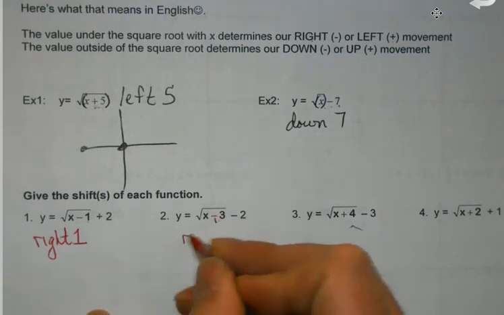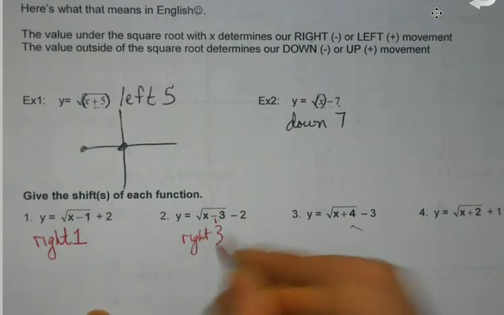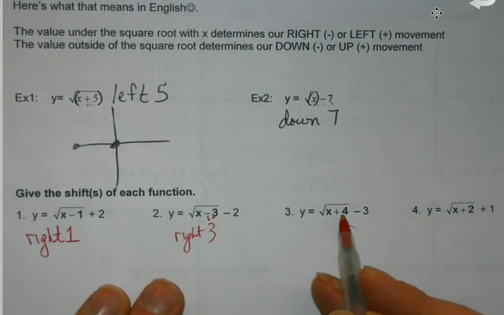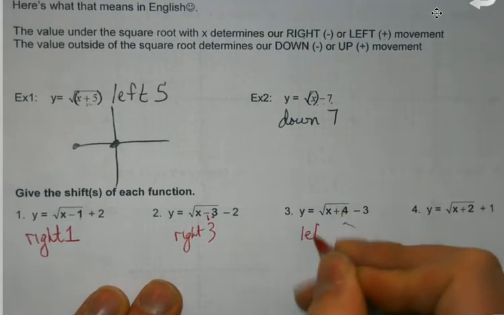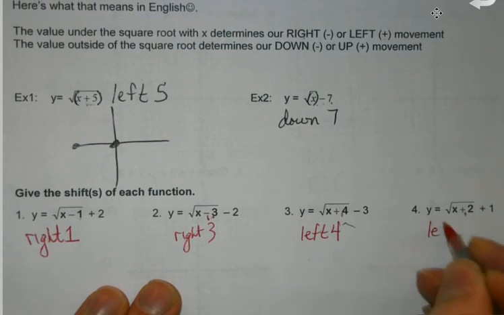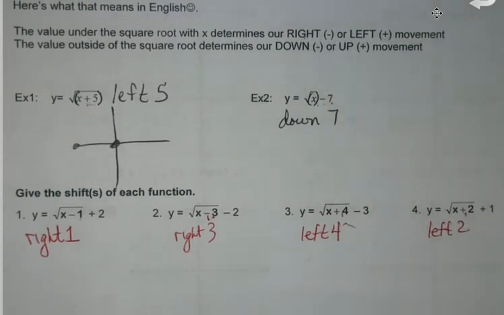Right 3. I'm just looking at the ones that are under the radical right now. What about this one? Left 4. And what about number 4 here? Left 2. Okay, so whatever's underneath the square root, always a left or a right shift, nothing else.